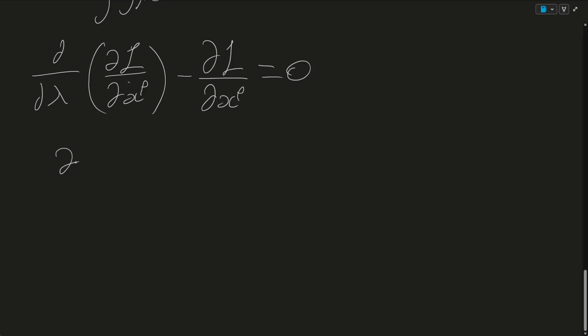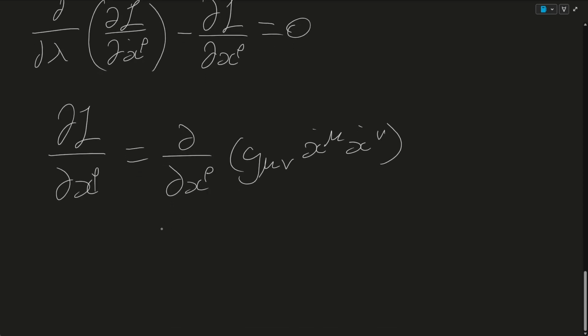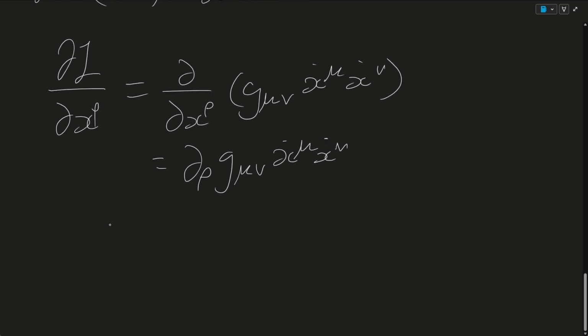So our position derivative in terms of x rho is just, well, our derivative of the Lagrangian, which is partial x rho of g mu nu x dot mu x dot nu, which we can just leave as the partial over rho of g mu nu x dot mu x dot nu, because those aren't in terms of x rho.